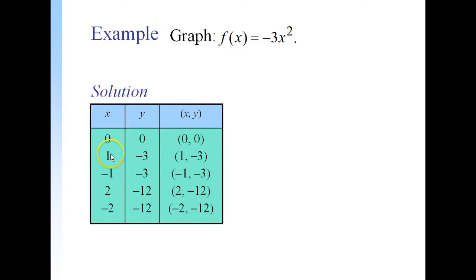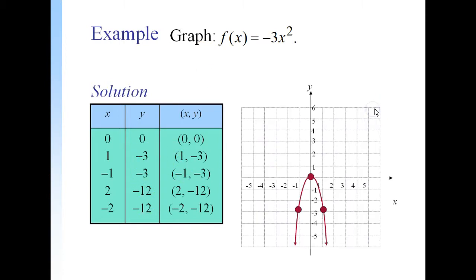And depending if we have positive or negative, remember as we square x, this will always become positive, but then we multiply it by a negative 3. So our y value will always end up negative.